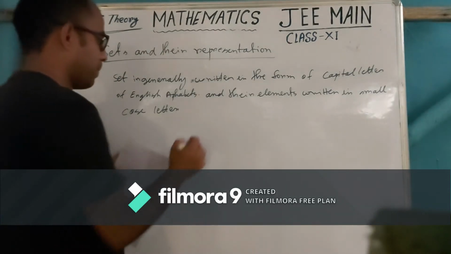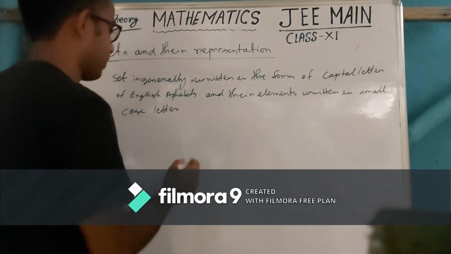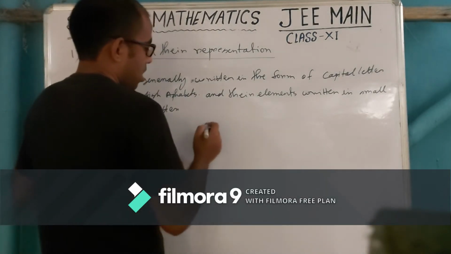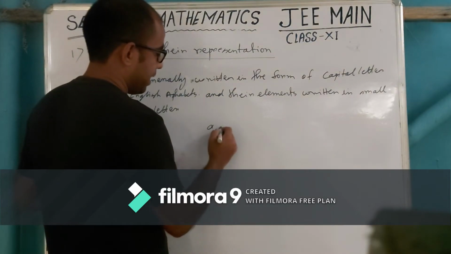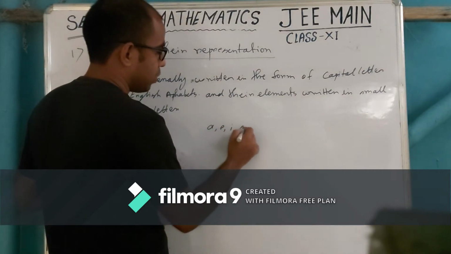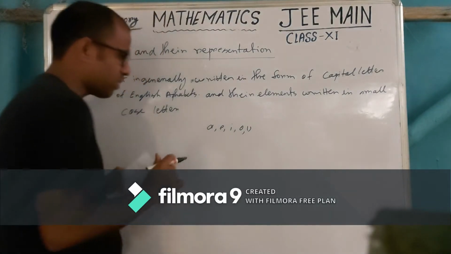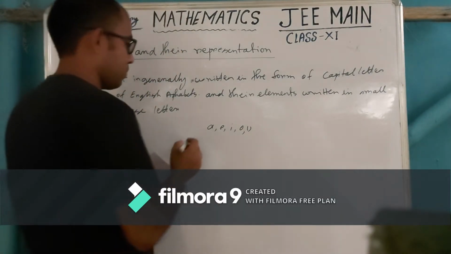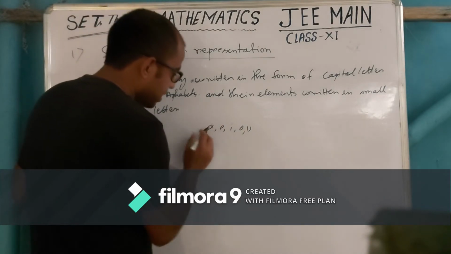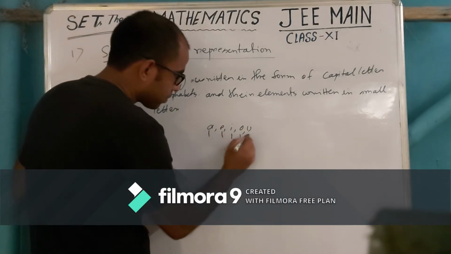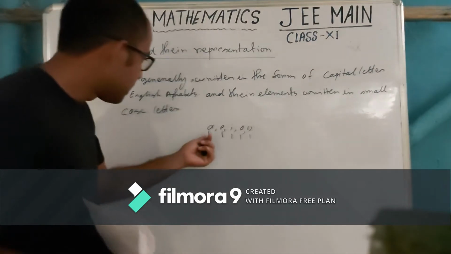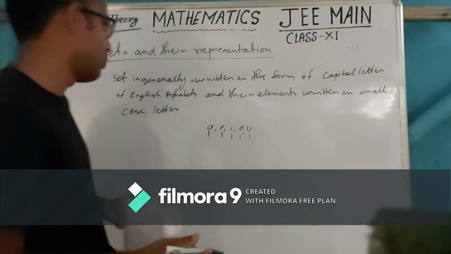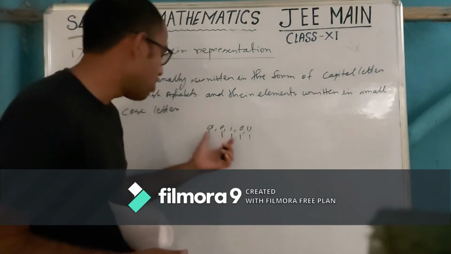For example, we see A, E, I, O, U. These are all the vowels of the English alphabet. So these are small letters, and we say that these are elements, and this is the set of vowels of the English alphabet.